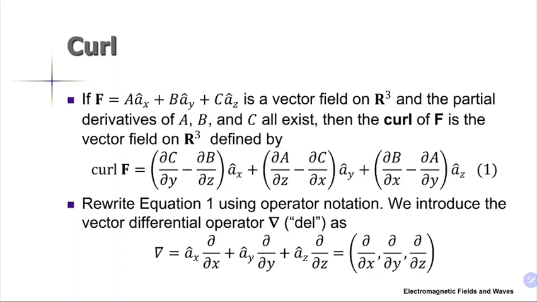Recall that we introduced the vector operator del, which is the partial derivative with respect to X in the X direction, plus the partial derivative with respect to Y in the Y direction, plus the partial derivative with respect to Z in the Z direction.